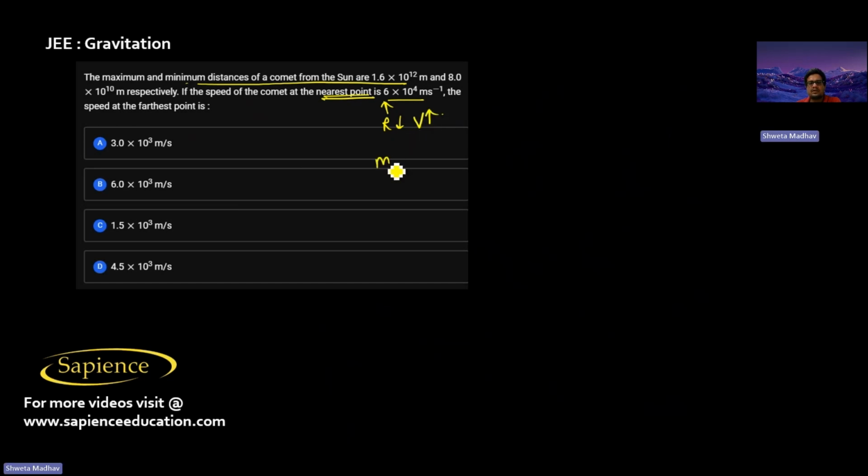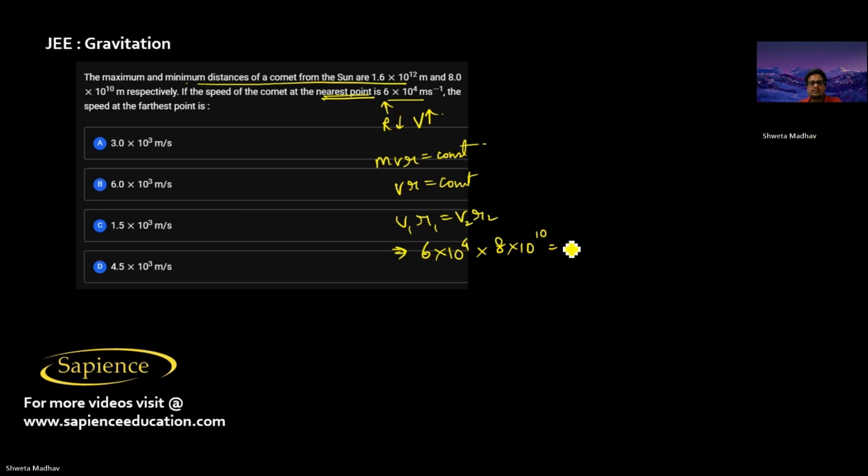Since we know mvr is constant, speed into the distance from the sun is constant. So I can say v1 r1 is equal to v2 r2. So the speed at the nearest point is 6 × 10⁴ meter per second, at 8 × 10¹⁰. Now the velocity at the farthest point that we have to find out, v2, into r2, that is 1.6 × 10¹².